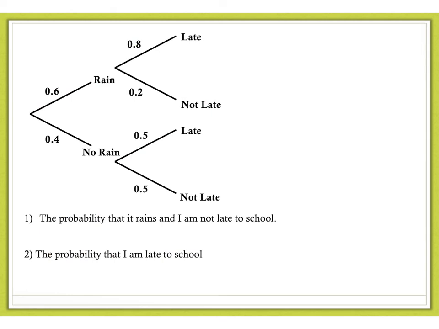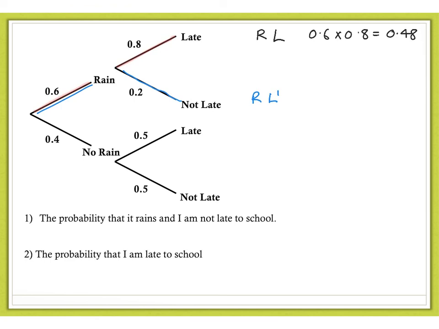So here's our tree diagram again. Let's work out some probabilities. So if we follow this path here, we're looking at it raining and being late. So that's 0.6 multiplied by 0.8, which is 0.48. Here and here, these branches, that's raining and not being late.